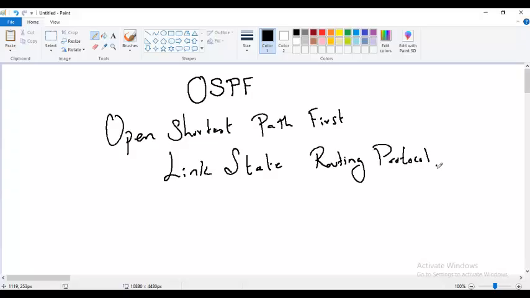That's why this protocol, we call it a link state routing protocol. See, when you take EIGRP, there is no link state advertised. Only the routing table is advertised. Whatever this router knows as best, it will advertise to the next router.